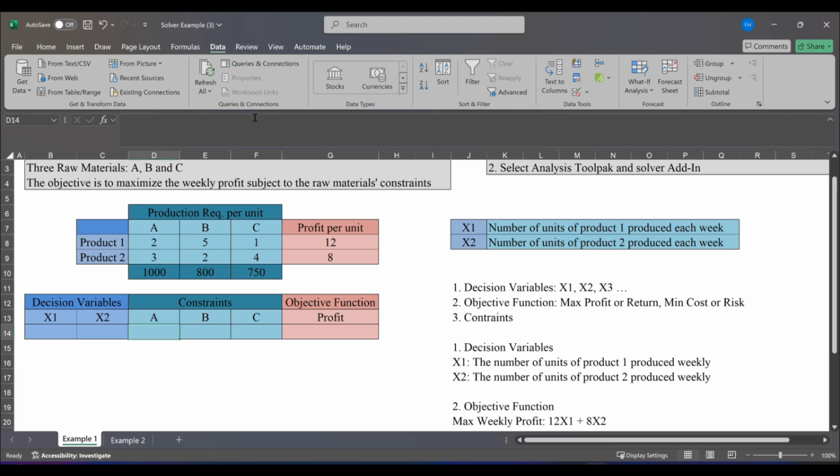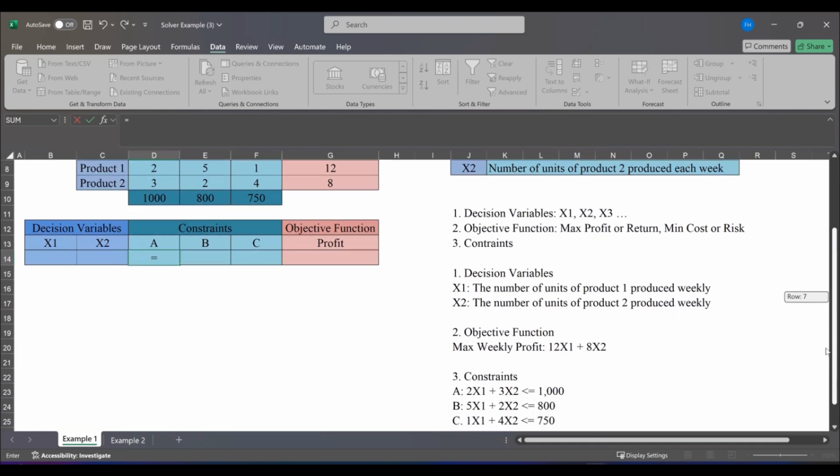For example, for raw material A, I'm going to write down how many units of A I'm going to use on a weekly basis. So I'm writing that left-hand side of the equation: 2 times X1 plus 3 times X2. So here I put 2, choosing this cell, times the decision variable cell for X1 plus 3 times the cell containing X2.